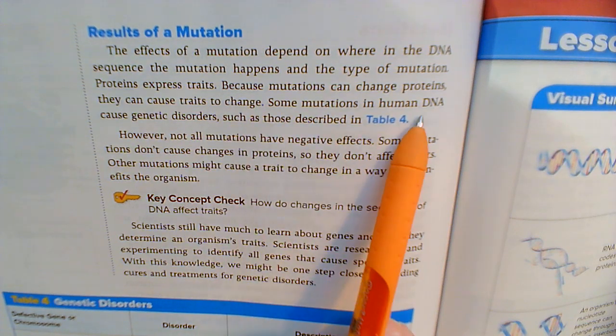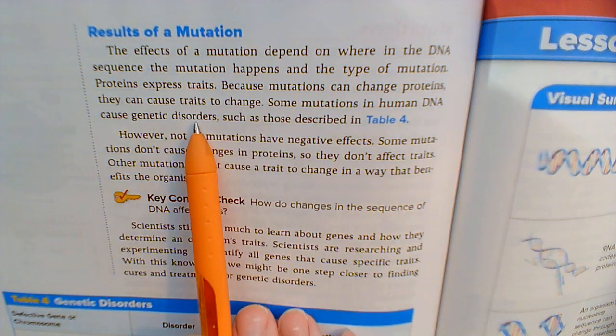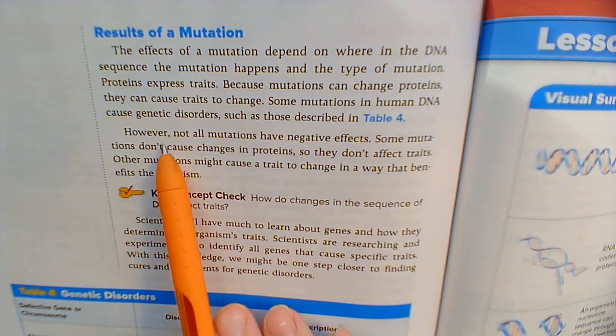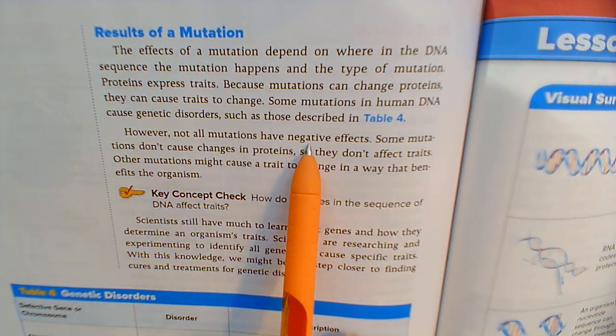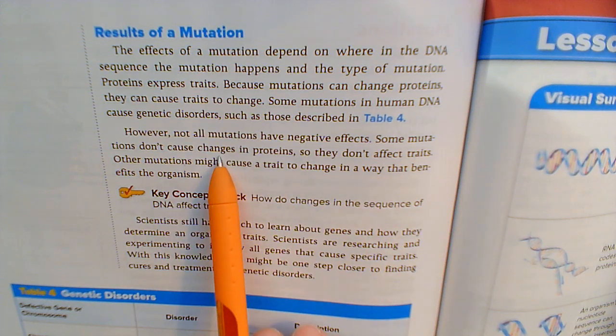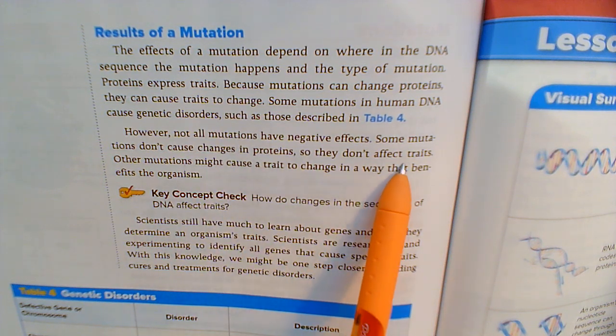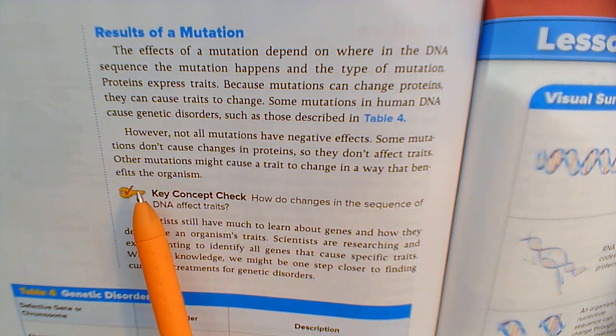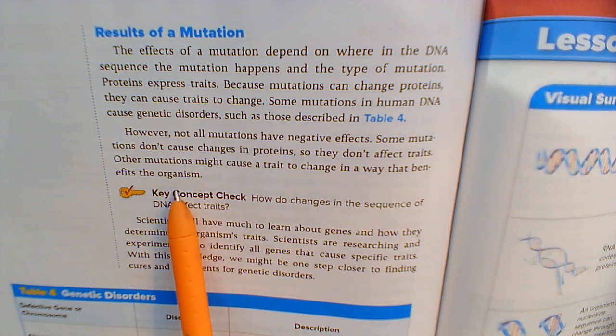Some mutations in human DNA cause genetic disorders, such as those described in Table 4. However, not all mutations have negative effects. Some mutations don't cause changes in proteins, so they don't affect traits. Other mutations might cause a trait to change in a way that benefits the organism.